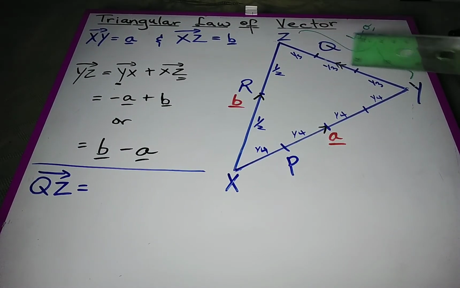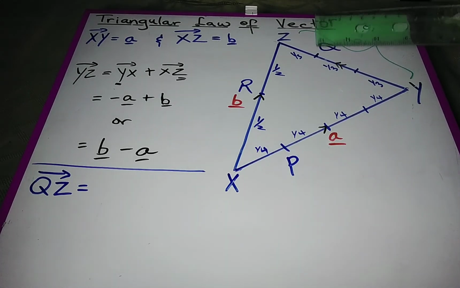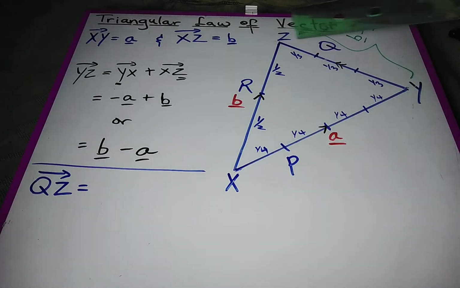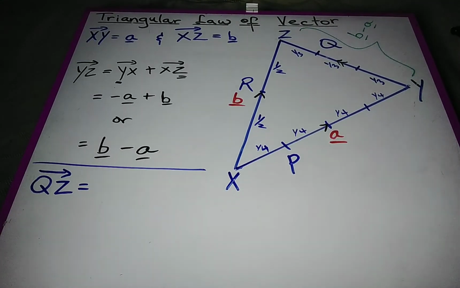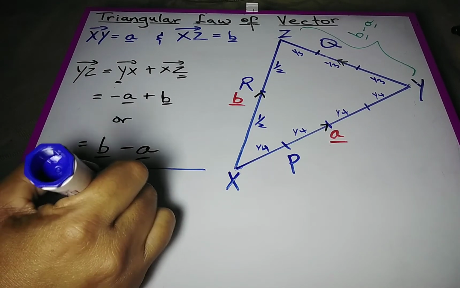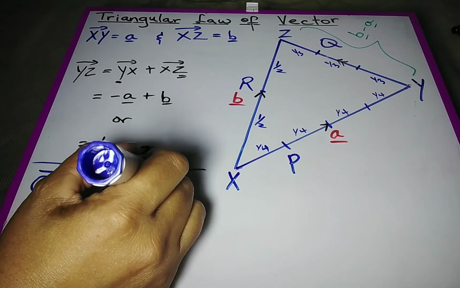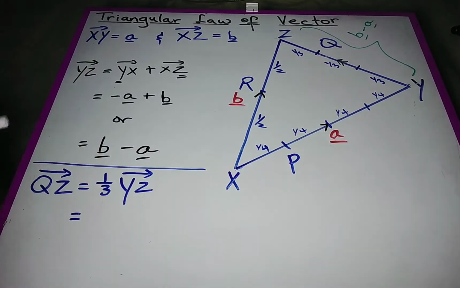Now we're asked to find QZ. QZ is going in the same direction, but Q is 1/3. QZ is 1/3 of YZ. So let's solve that one. QZ is 1/3 of YZ, and we know what YZ is equal to.